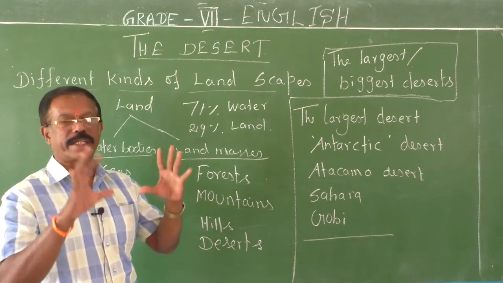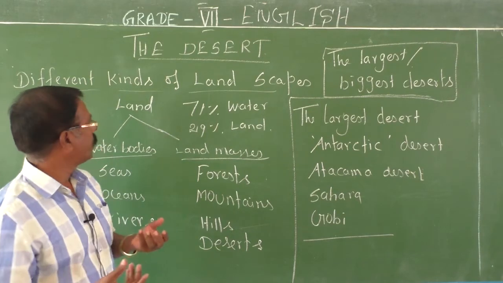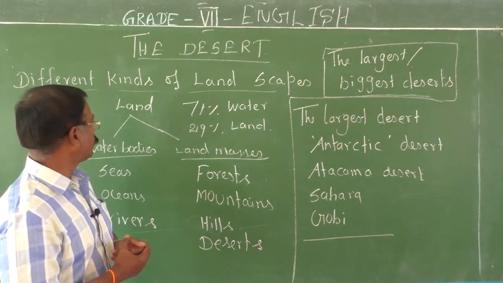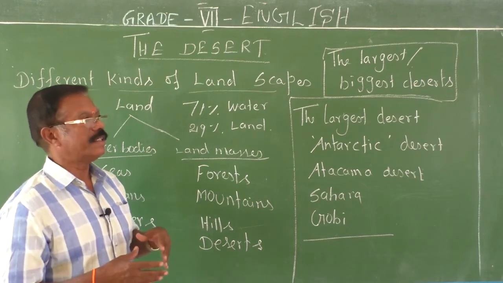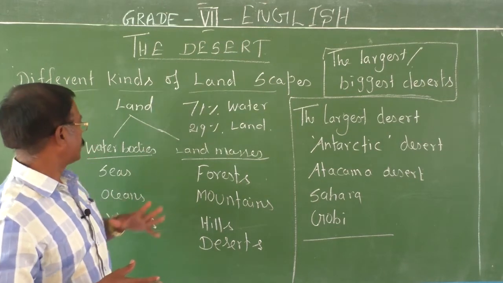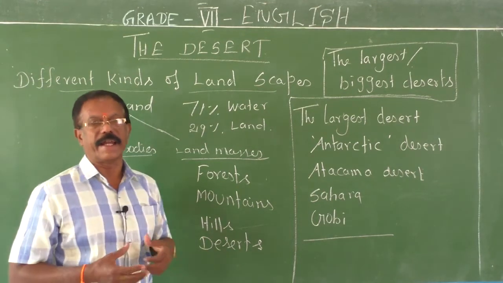Before explaining the desert in detail, I would like to say a few words about the land and the land masses, then you can easily understand the desert. You know that there are different kinds of landscapes and land masses.